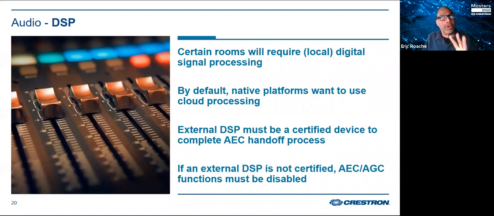There is no manual way to disable native AEC inside of the application. The application is looking through USB at that third-party device to see if it's a whitelisted device. In that case, the application internally disables the AEC.